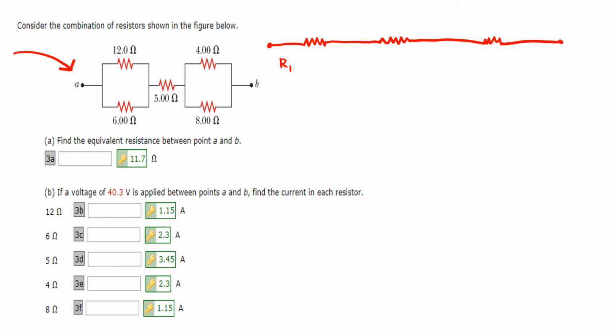R12 we solved to be 4 ohms, R3 is equal to 5 ohms, and R45 is equal to 8 over 3 ohms. We solved for the total resistance in problem A, which is 11.7 ohms. And we are given the total voltage in problem B, which is 40.3 volts.